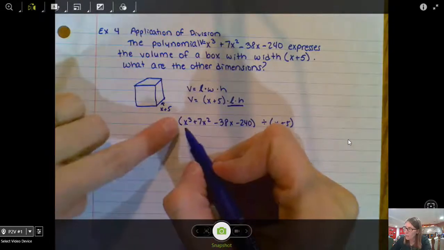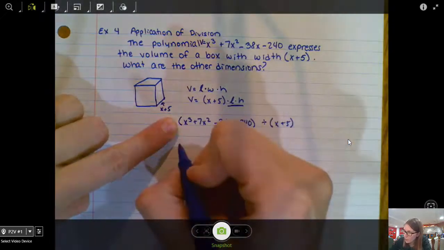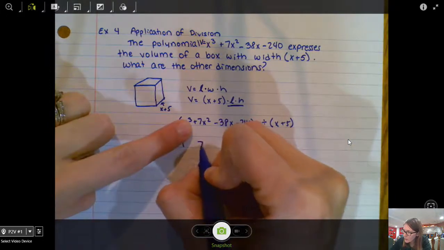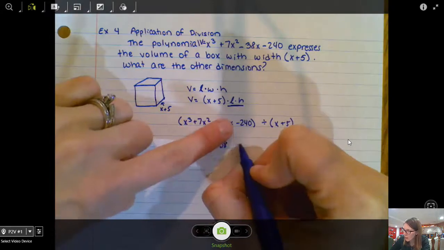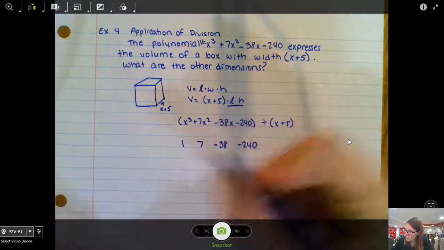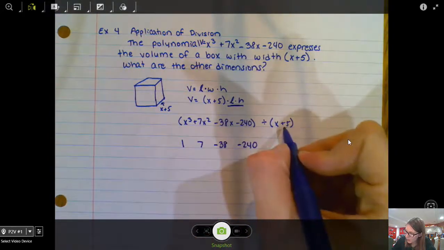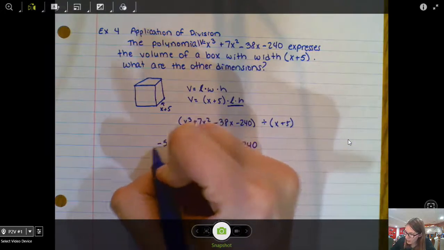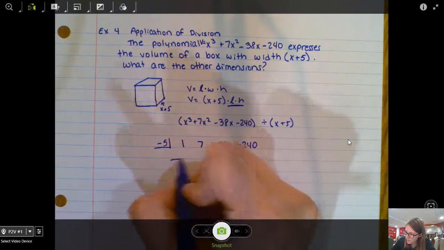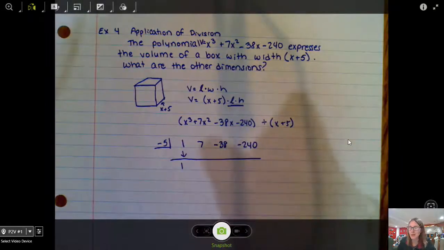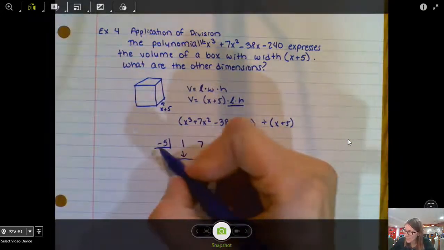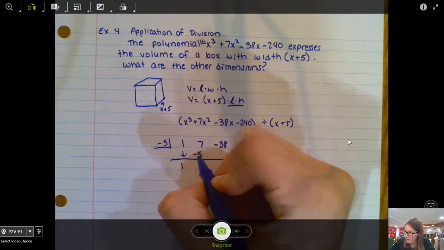To start off, writing our coefficients down, I have 1x to the third, 7x squared, minus 38x, minus 240. x plus 5, so negative 5 goes in my box. Bring down our first value, and now we go. 1 times negative 5 is negative 5.